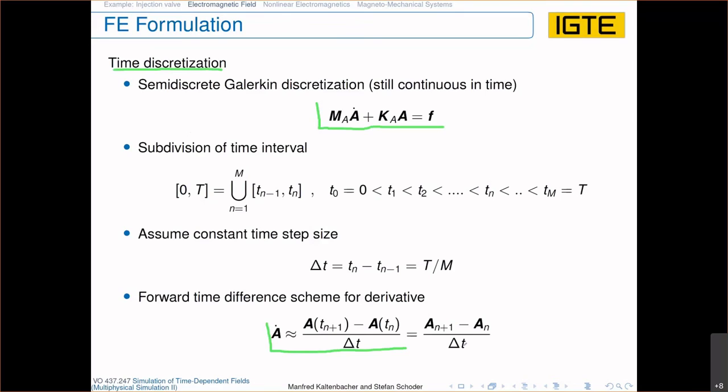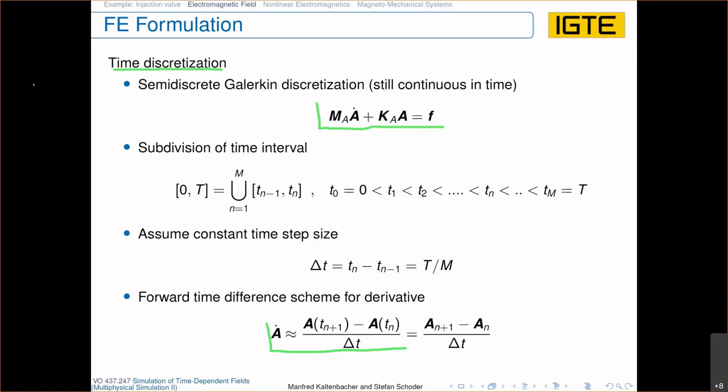You could also introduce basis functions, so you more or less treat the time as a further space coordinate, and that would be the method called space-time methods. However, the standard approach is that you use finite differences for the time discretization.